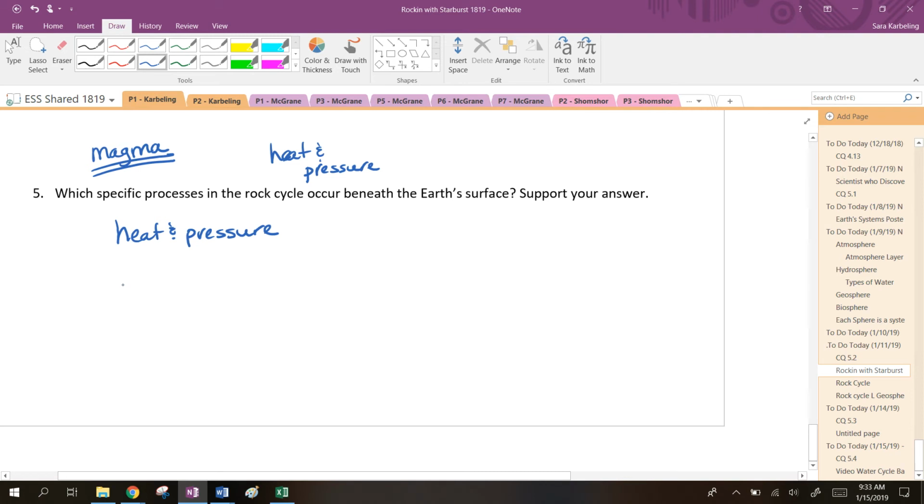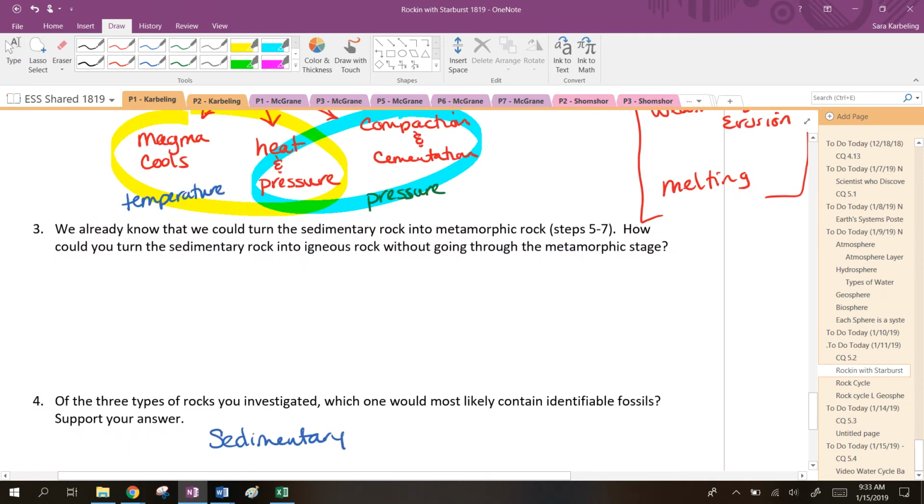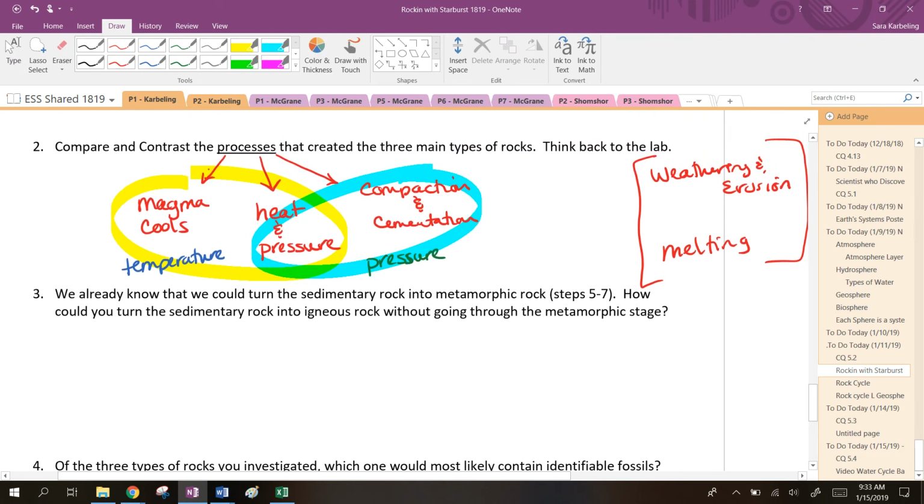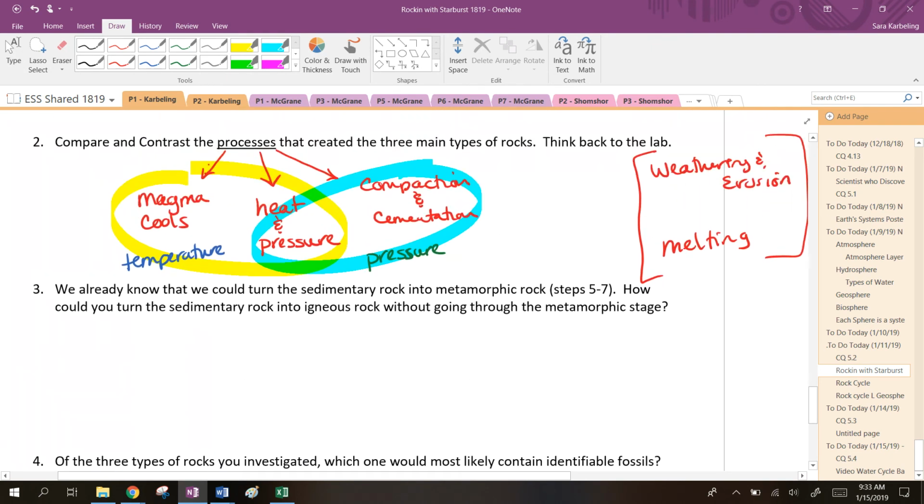The intrusive, right? So there's some cooling. What else? Melting? Yeah. I think those are the big three, right? Do we miss any others? I think that's it. Cool.